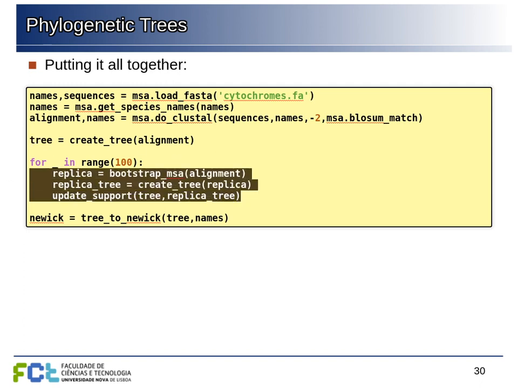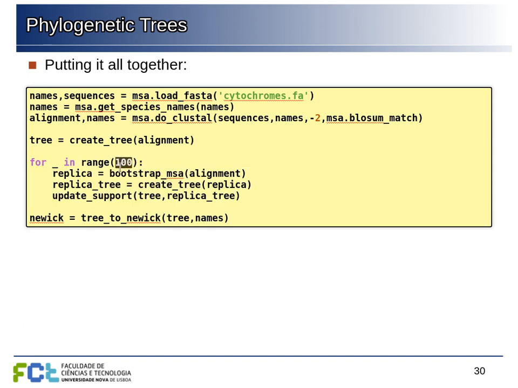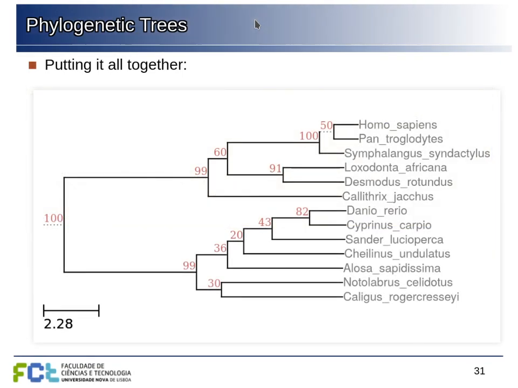And we're going to repeat 100 times, creating a bootstrap replica of the original alignment that we got here, and then creating the tree for that alignment, for that multiple sequence alignment, and update the support of our original tree by checking which nodes are present on the replica tree. So which groups of species in the replica tree are the same as in our original tree. And now we create the Newick text and we can visualize the result.